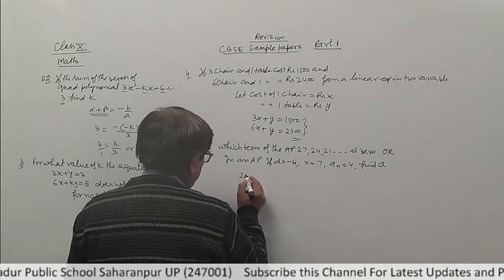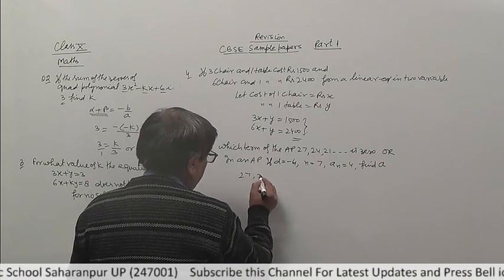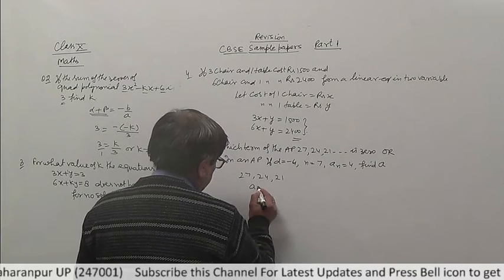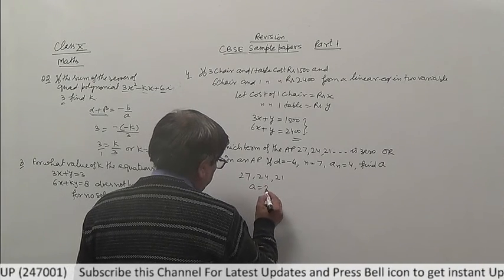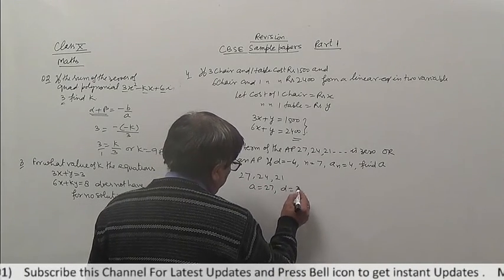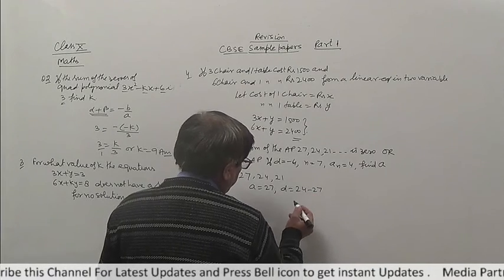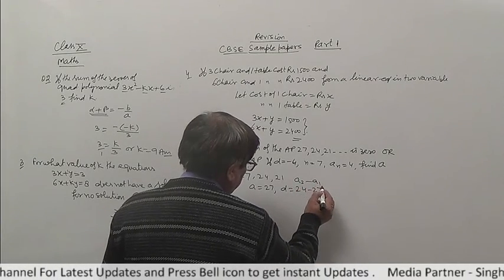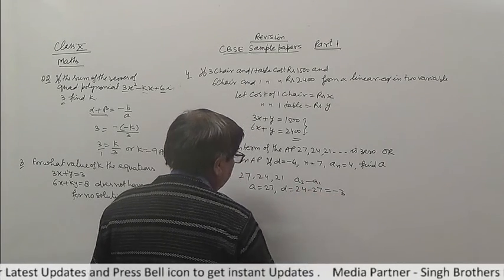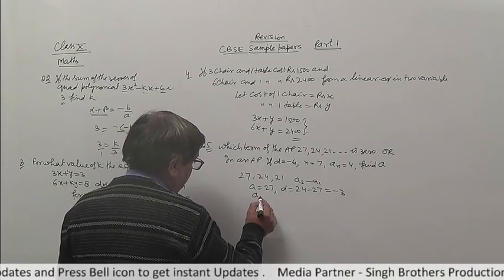So to see it, 27, 24, 21. a is 27, d is 24 minus 27, that is a2 minus a1, that is -3, and a_n is 0.